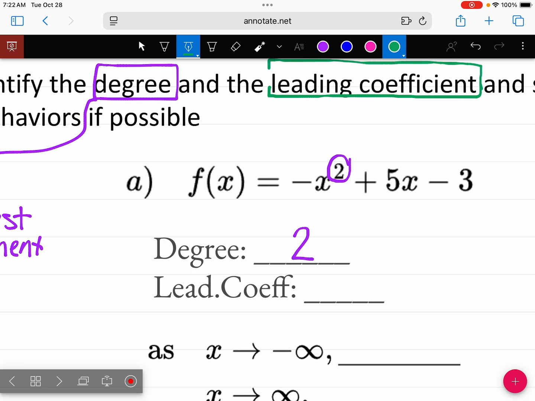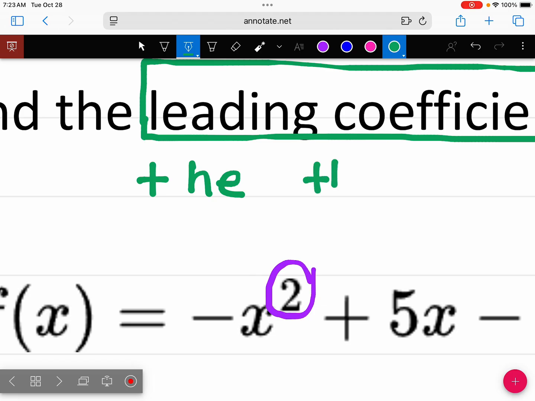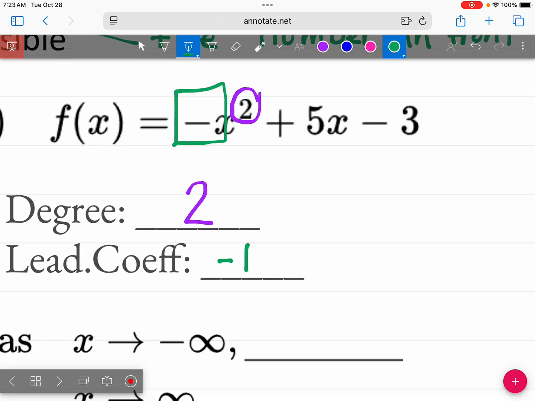And just as a reminder, that is the number in front of whatever our biggest degree term is. -1. So the degree we want first, it tells us which piece is in charge. The number in front of that one is our leading coefficient. We've got our -1 here.